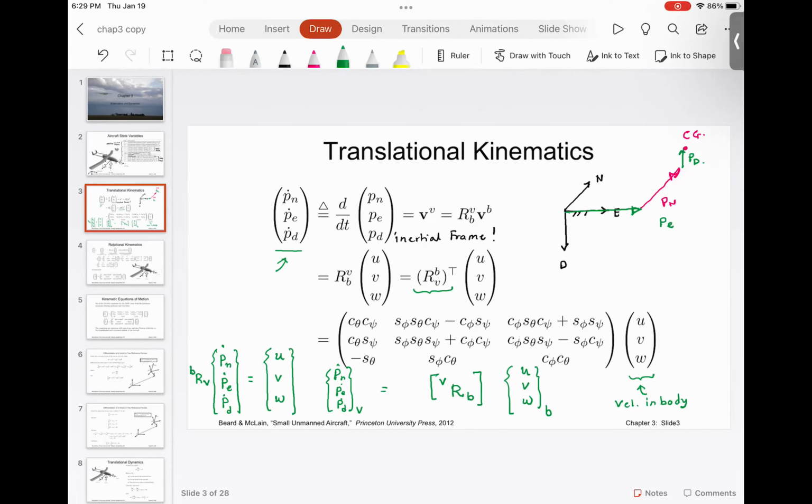This matrix is the product of the rotation matrix about yaw, the rotation matrix about theta, and the rotation matrix about phi. So when you multiply these 3 rotation matrices, you get this combined transformation matrix that gives you the relationship between the inertial velocities and the body velocities. Everyone understood this?